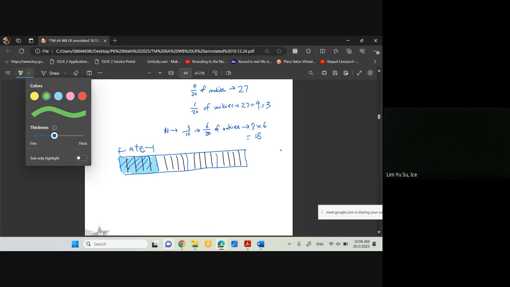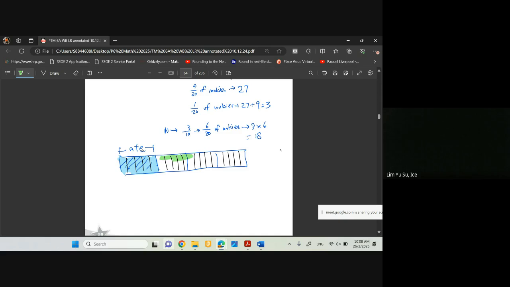So this is the part that is to the neighbor.